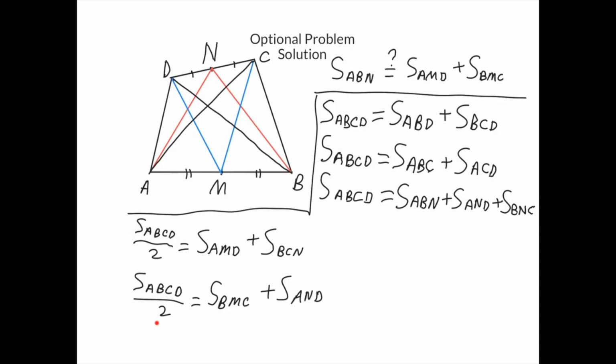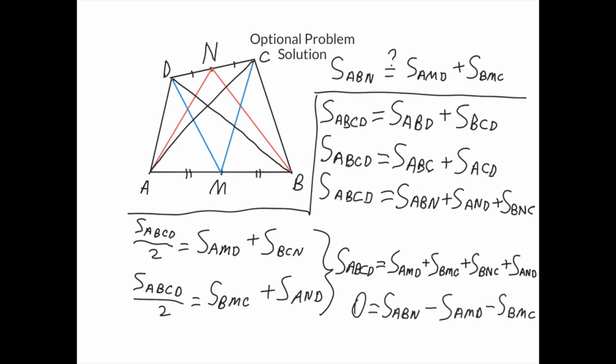Now that I got these two equalities, I can add them and get the area of ABCD, which is the sum of the two halves of the area ABCD, equals area of AMD goes here, area of BMC goes here, area of BCN goes here, and area of AND goes here. Finally, I'm going to take this equality and subtract it from this equality.